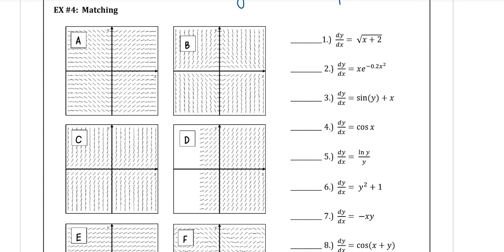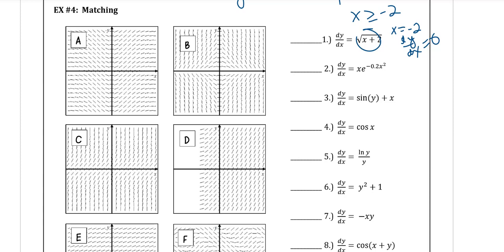So like for number 1, when I look at that, I see that if x equals -2, dy/dx equals 0. The other thing I want to take note of here is, because this is a square root, x has to be greater than or equal to -2. So I should look for a graph where that part of the grid has no slope lines at all.